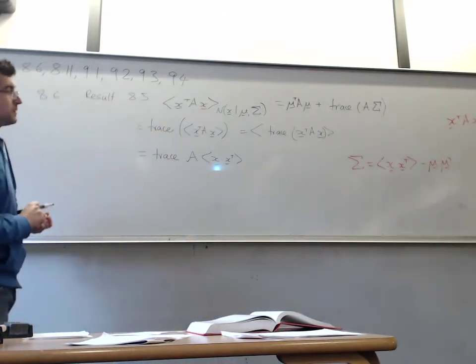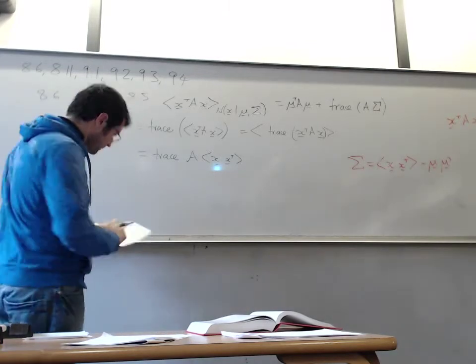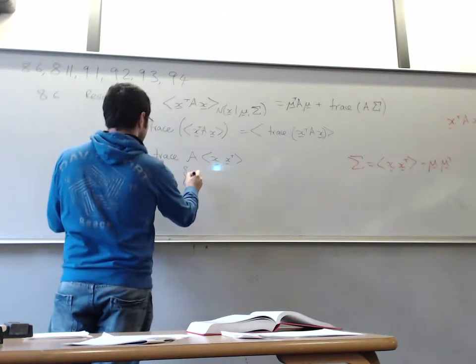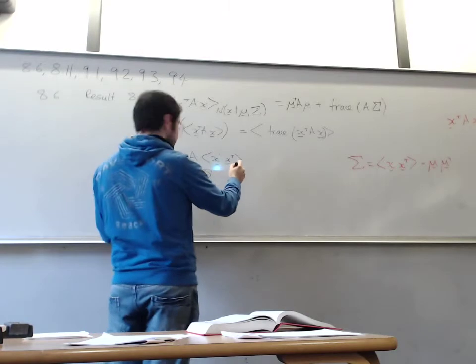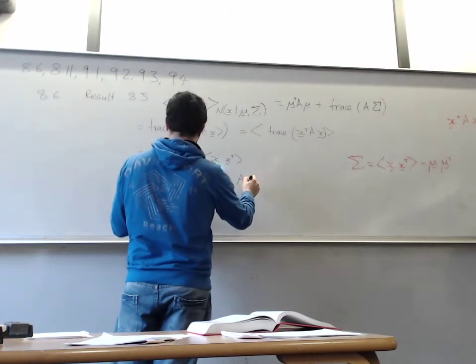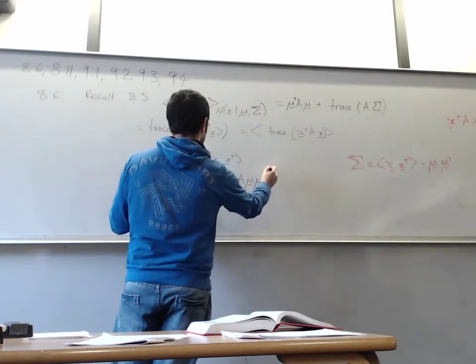So if I plug this in, we can write this is equal to the trace of A sigma plus A mu mu transpose.